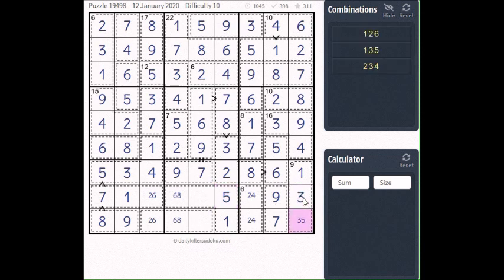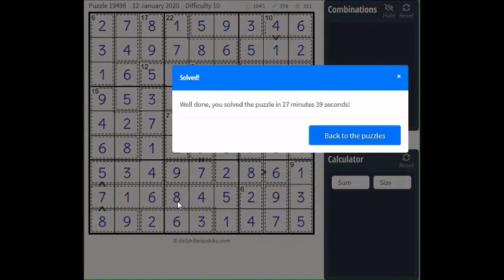So this is 3, 5. Finally we have 3 and 4. So 2, 4, 6, 2, 8, 6. So that's it.